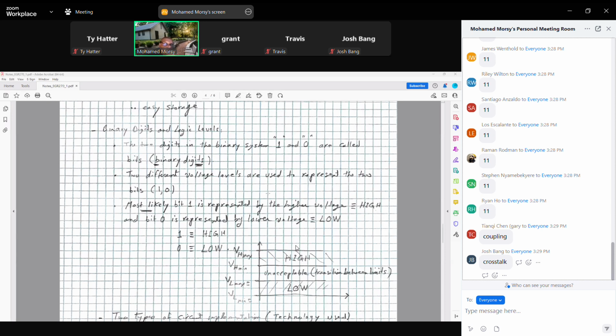Before we go to digital, in analog systems we use our regular numbers, which have 10 symbols from 0 to 9: 0, 1, 2, 3, 4. Any number we use is within these numbers from 0 to 9.